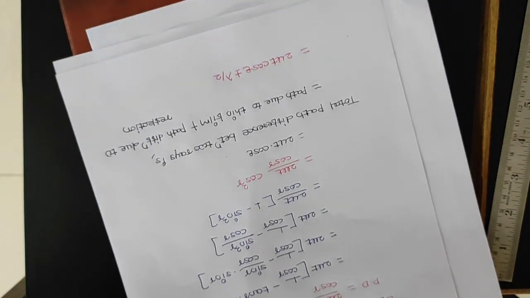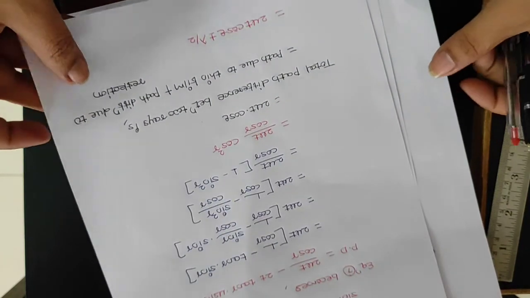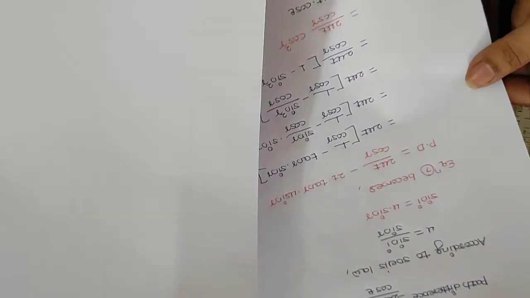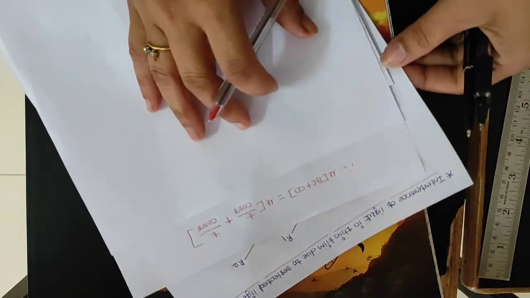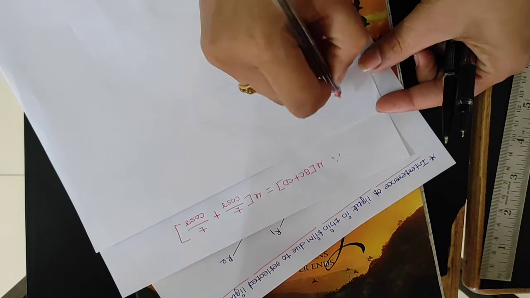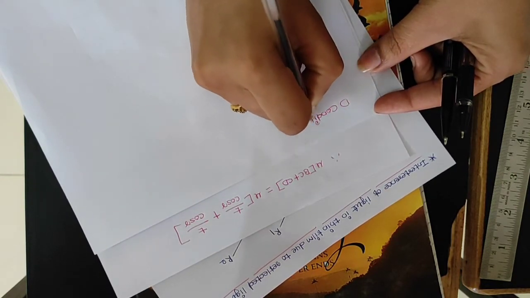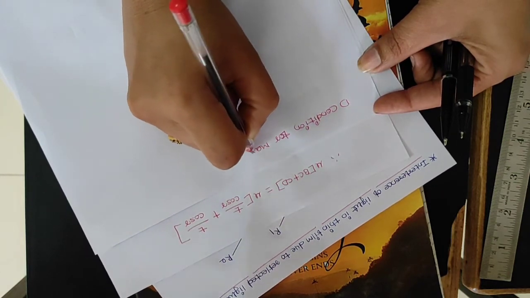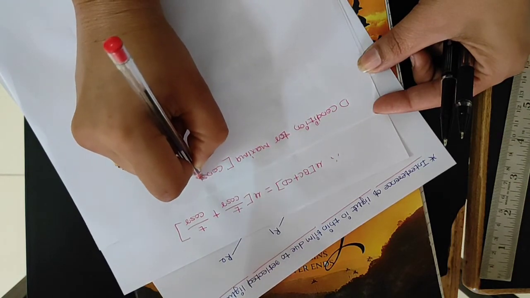Now again we know that there are two conditions. Condition for maxima, that is constructive interference, and condition for destructive interference. So first one, condition for maxima, that is constructive interference.